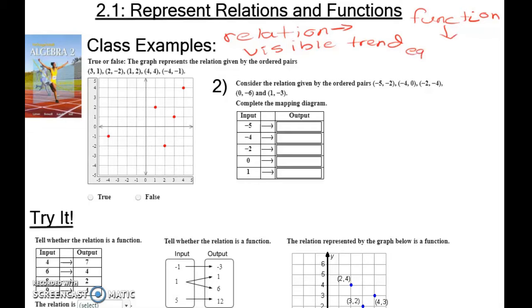So like y equals mx plus b would be a good function because it has both an input and an output, and the output would be the y.